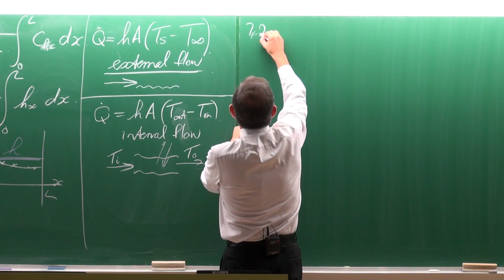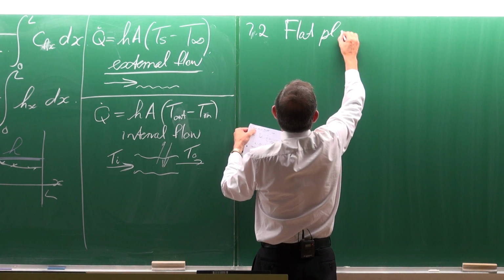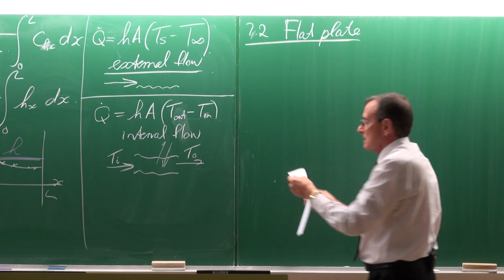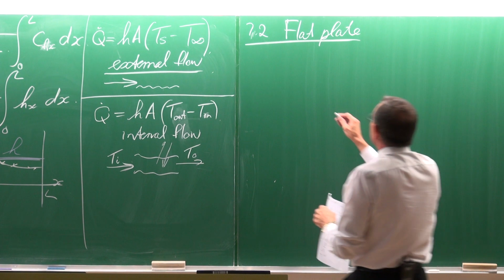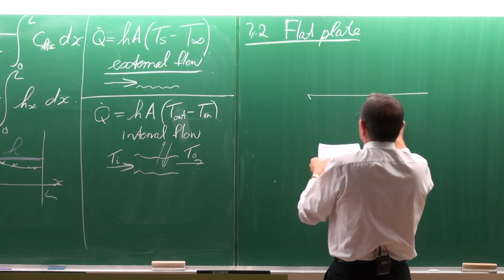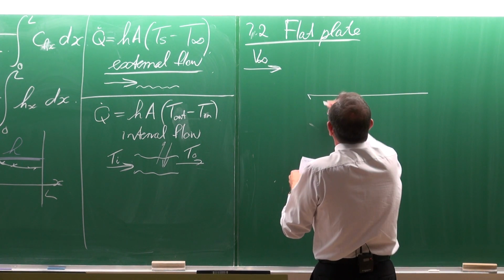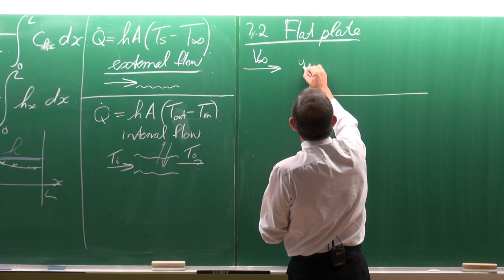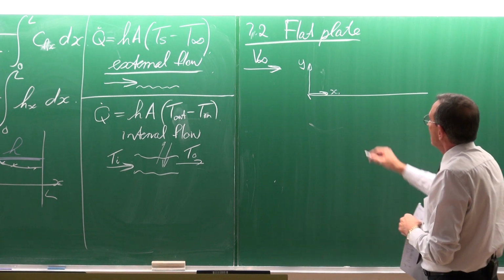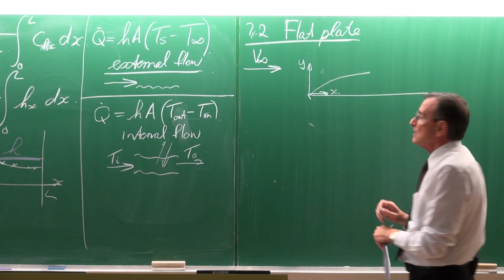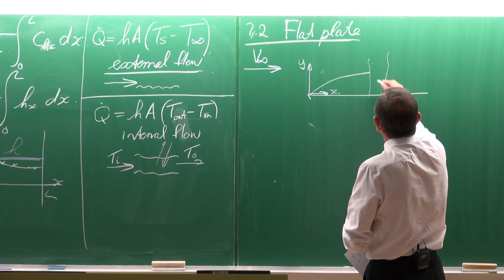Paragraph 7.2 is now for parallel flow over a flat plate, and some of it is a little bit of revision that you've done in fluid mechanics. Fluid mechanics is a flat plate. If that is the free stream velocity, and that is the coordinate system of x and y, then we know that the boundary layer thickness will increase up to the point of transition.